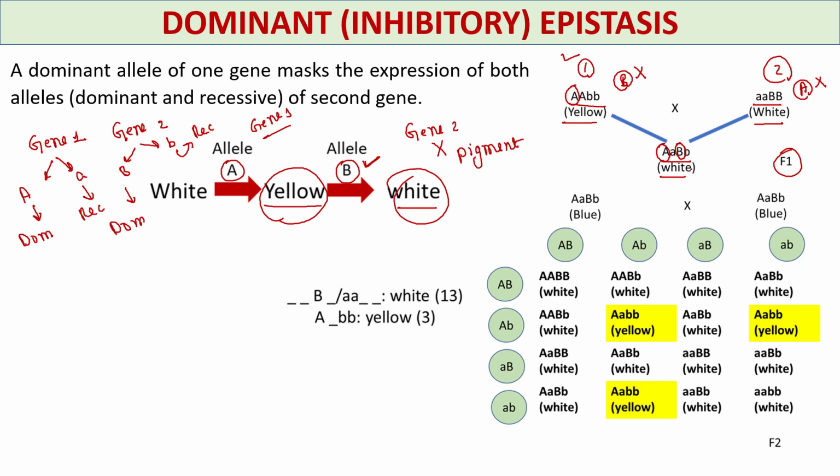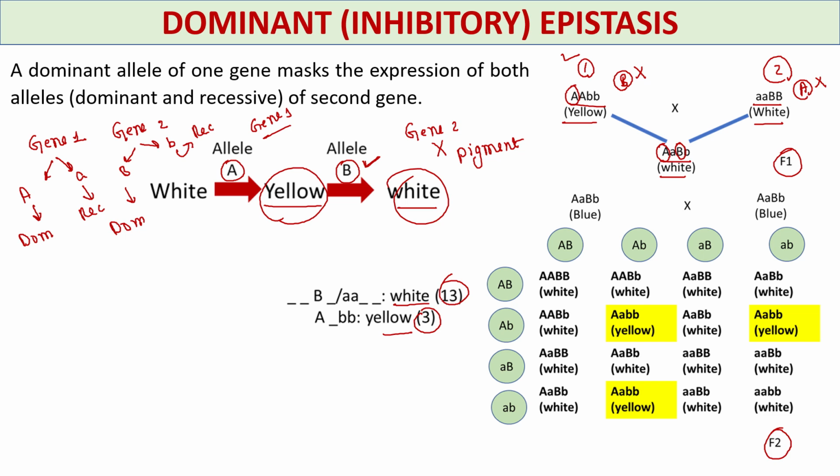If F1 generation offspring are self-crossed, there will be an interesting outcome in the F2 generation. There will be 13 white and 3 yellow flowers.